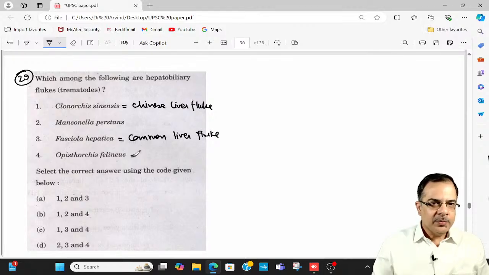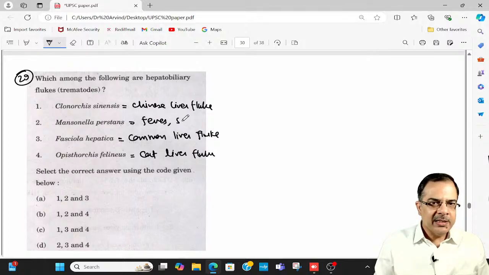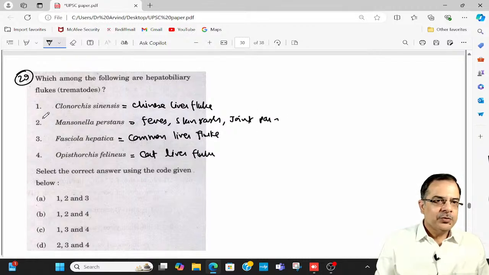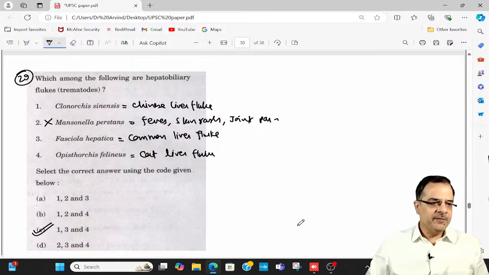And D option is the cat liver fluke. While Mansonella mainly causes fever and skin rashes, illness with joint pains. So this does not cause liver fluke disease. So the answer will be 1, 3, 4. Yes, C option. 1, 3, 4 will be the correct option here.